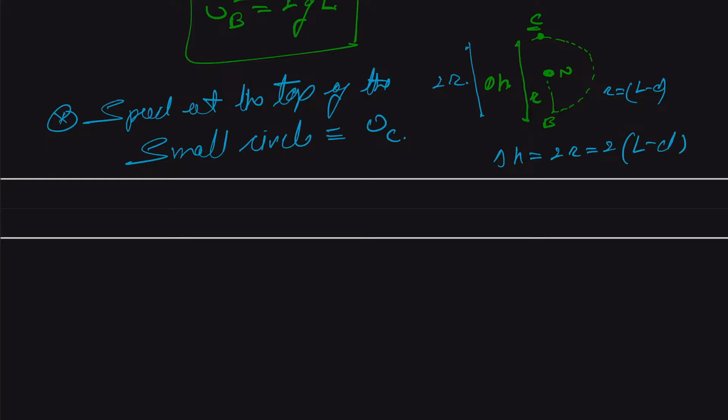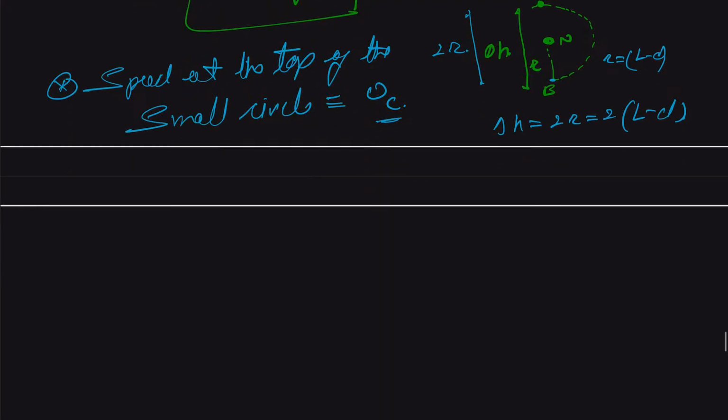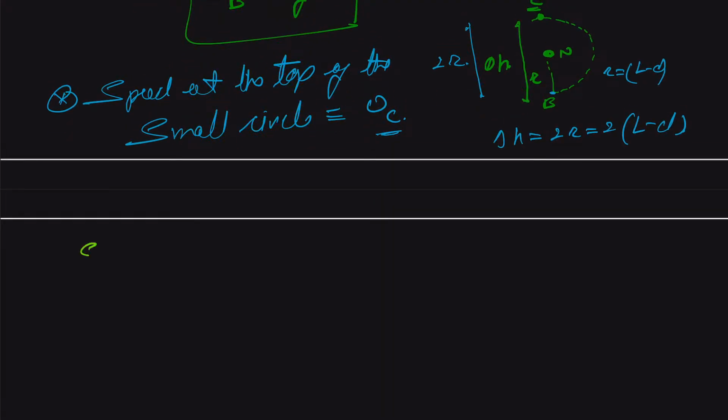(L minus d). So it means, at point B it is only having kinetic energy, but at point C it is going to have kinetic energy as well as potential energy. Kinetic energy is half m Vc square and potential energy will be equal to m g delta h. So you can see energy conservation.